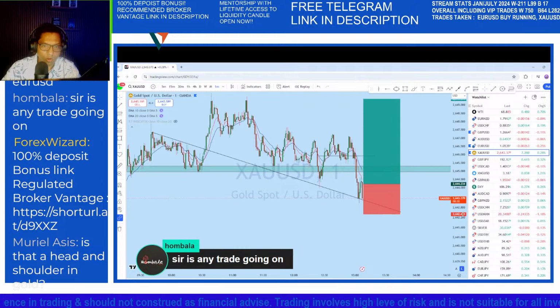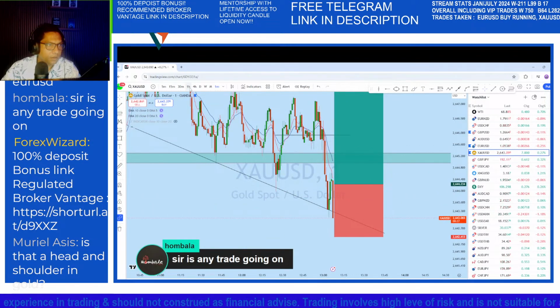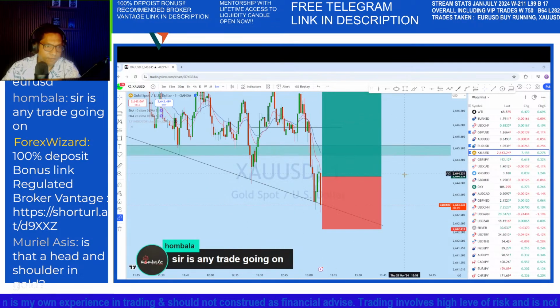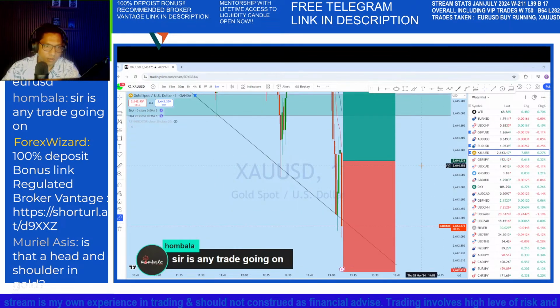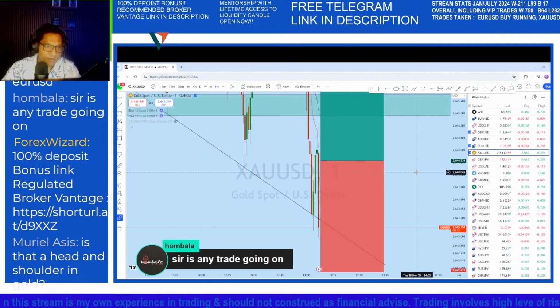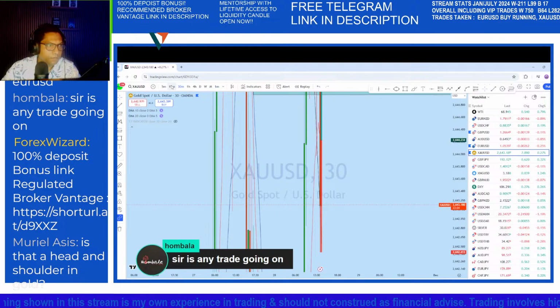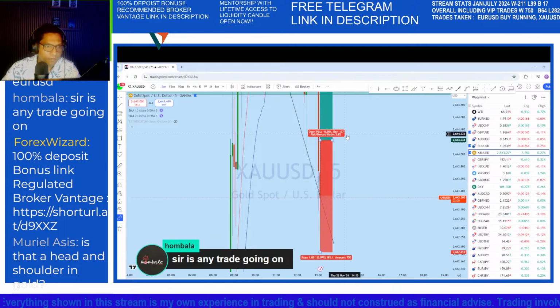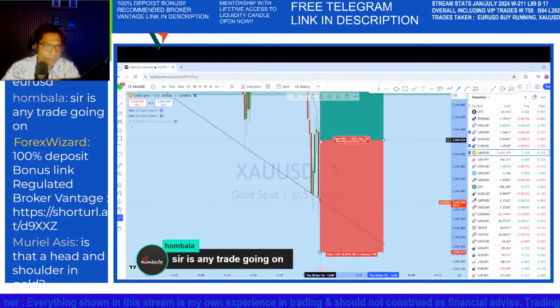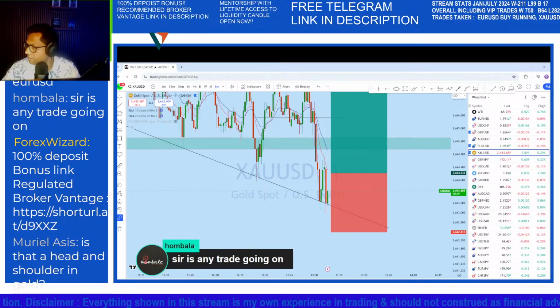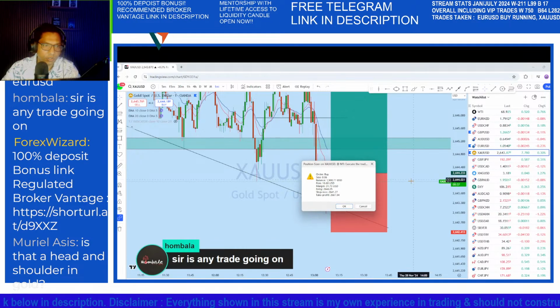So, all the trades that I open with a tight stop loss, because if the market has got another rejection, let's see where it is heading. So I opened the second trade.